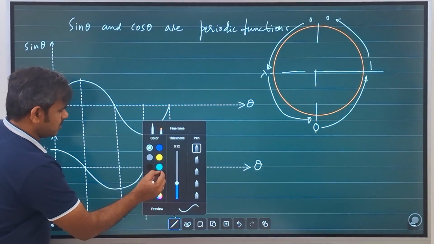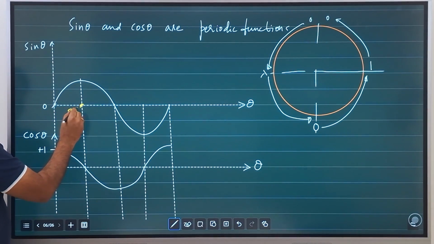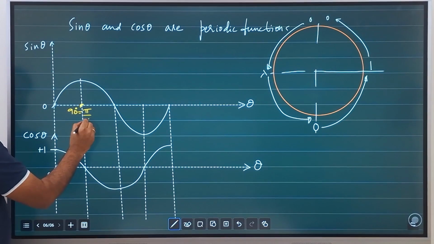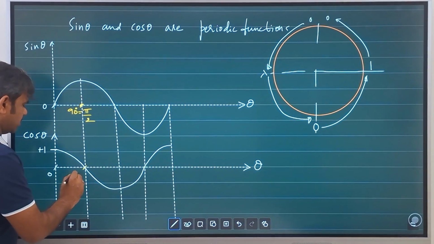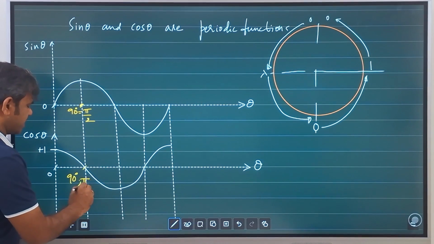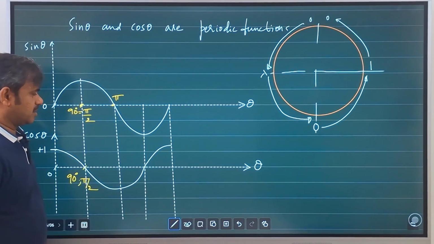Look at the values of theta here. This is 90 degrees, or in radians it is pi by 2. You can write it in radians also. This is 90 degrees or pi by 2 radians. This is 180 degrees or pi radians.